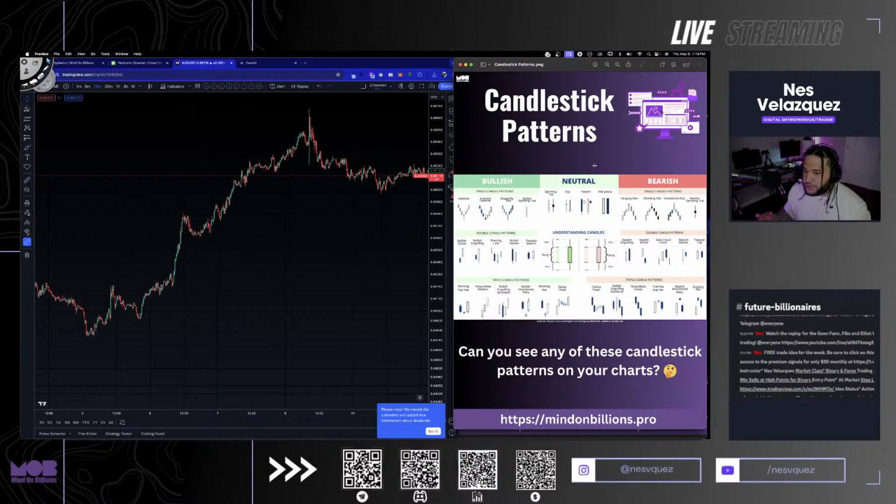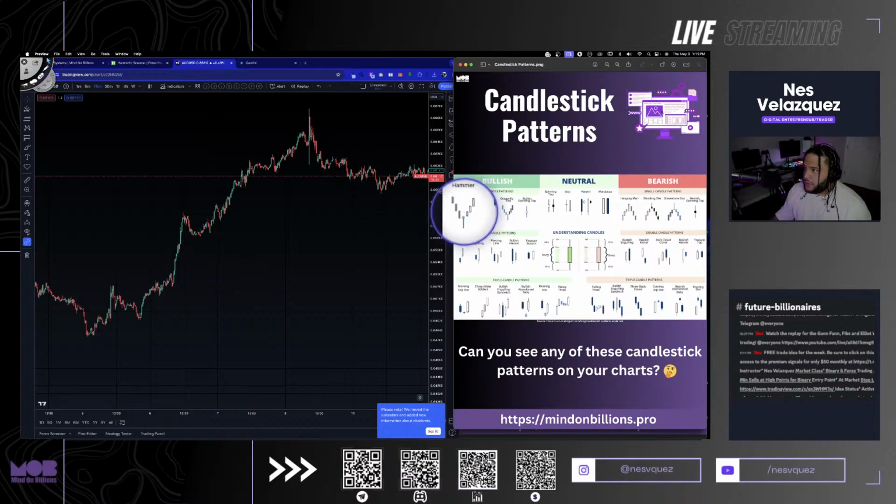Bearish candlestick patterns are basically the exact opposite of the bullish ones, and they indicate that the market is moving south. Okay? So whether the market was bullish for a while and then went neutral, now you're starting to see signs like, hey, the market is about to go down. All right? So a couple of ones over here. They're all pretty standard. But for the most part, let's talk about it, okay?